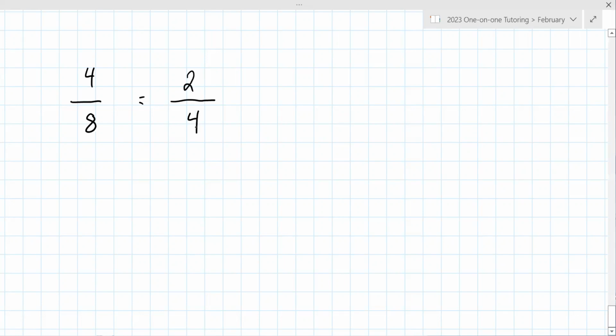Well, can you divide those again by 2? Yes. So do that again. What is that? 1/2. Good, very good.